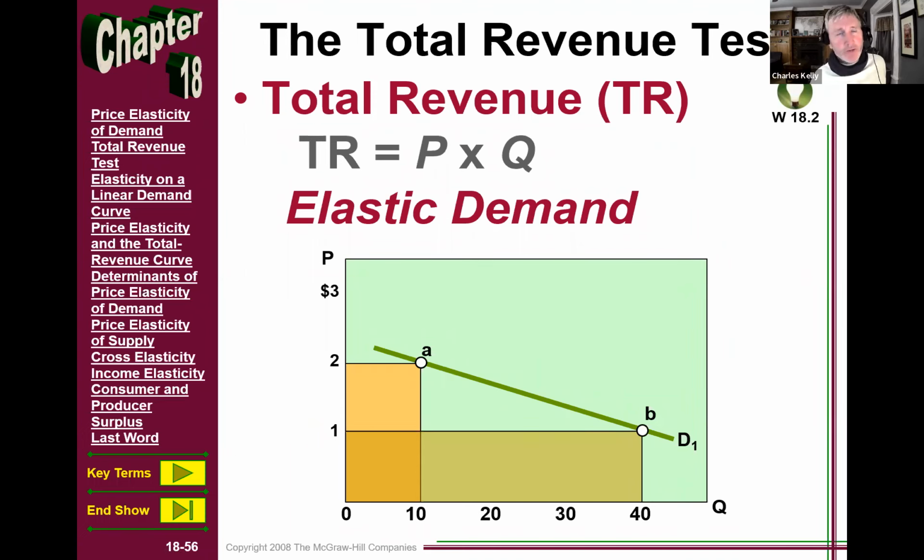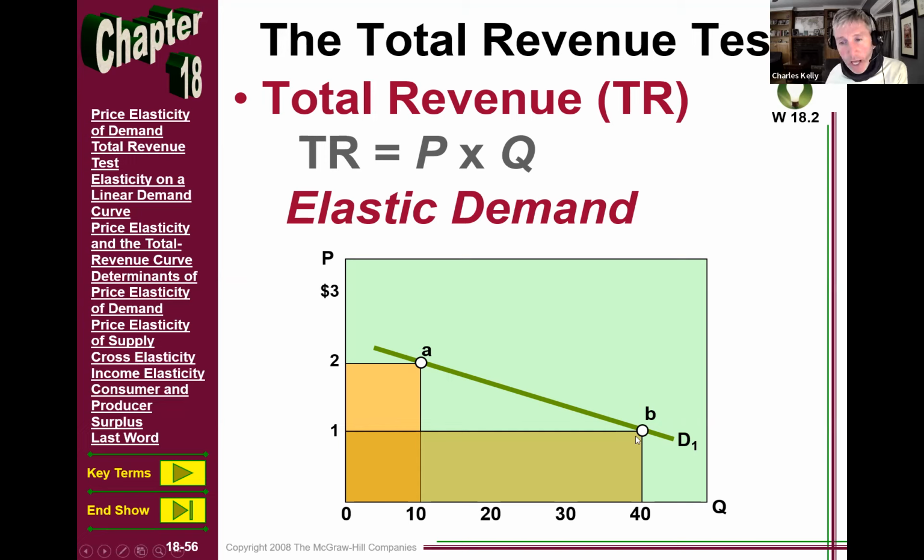And that's an important observation, especially when you start thinking about the discussion question about minimum wage, right? If the demand for low-skilled workers is elastic, then raising the minimum wage might be bad. Why is that? Because let's say we started at $1 and we're the firm.